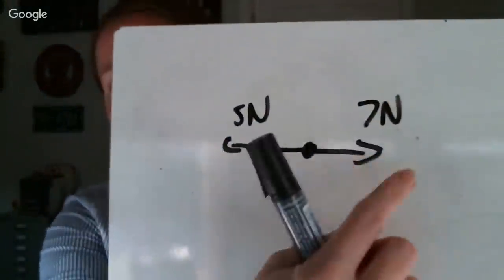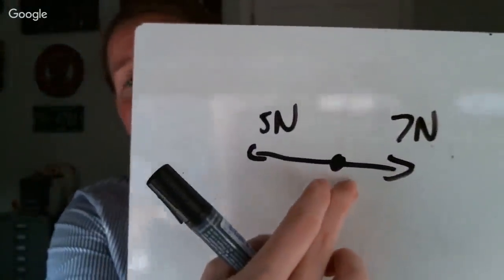If you've got, just a quick diagram for you, 5 newtons in one direction and 7 newtons in the other, then to work out the resultant force we'll obviously do 7 minus 5. So our resultant force in that case is just 2 newtons, because you've got your 7 newtons going one way, 5 newtons the other way. So you just subtract and you've got that resultant force of 2 newtons.